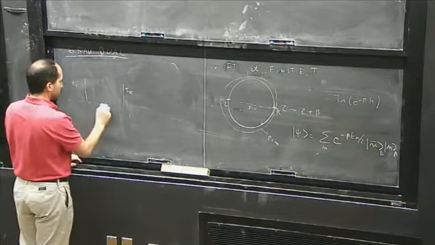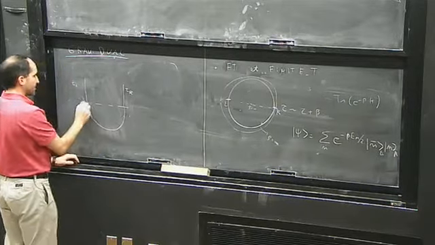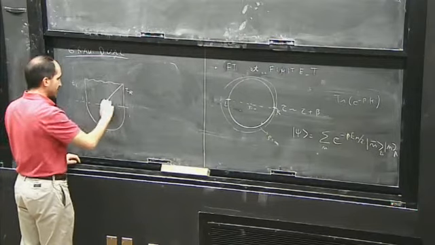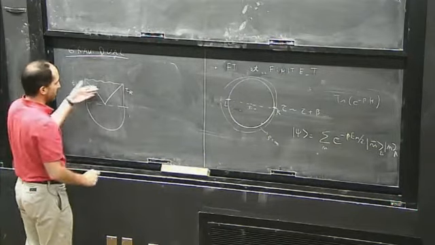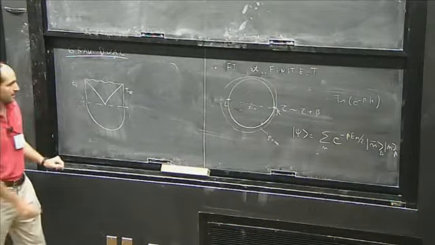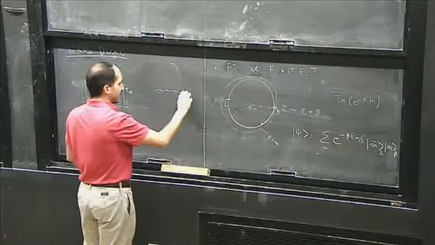And in the bulk, what we get is one half of the eternal black hole in AdS, which is a particular black hole.